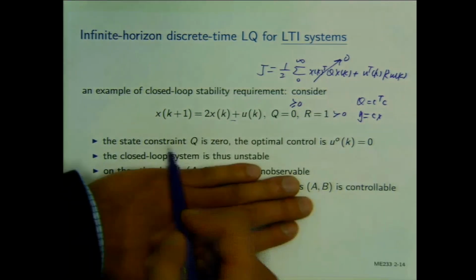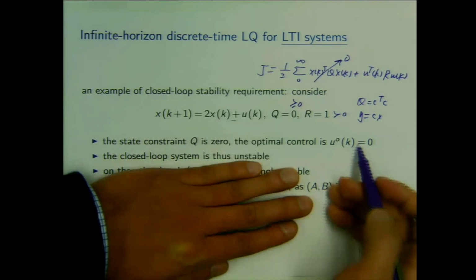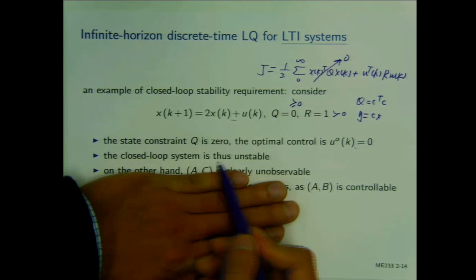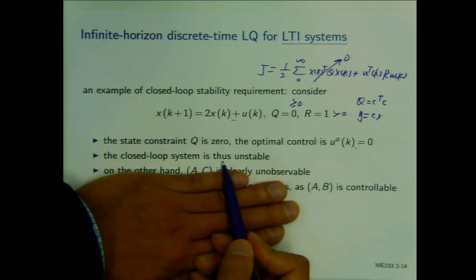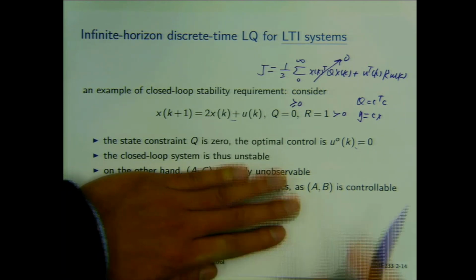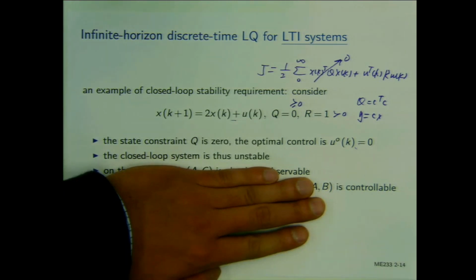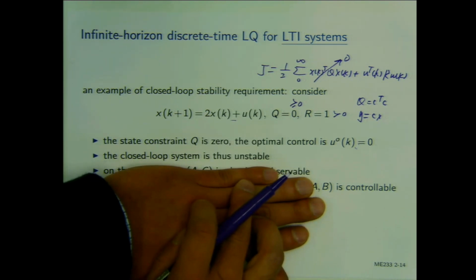So you see, the optimal control is 0. If that happens, the closed-loop system is not stable, right? What conditions are failing here? I have explained that if some conditions hold, the closed-loop system is guaranteed to be stable. What conditions are not correct here?